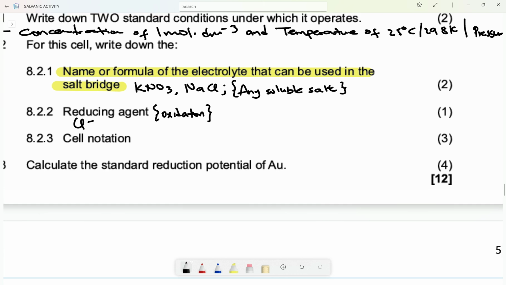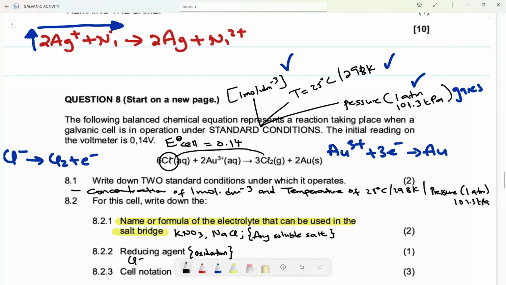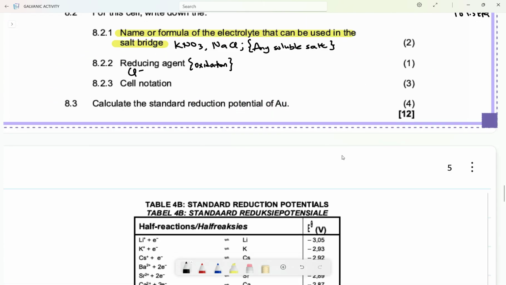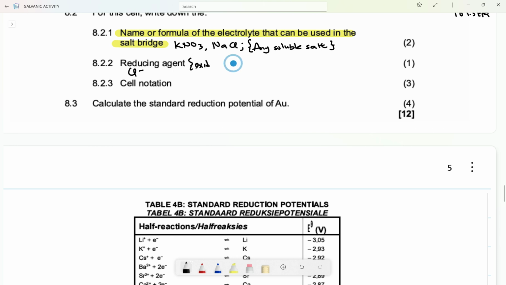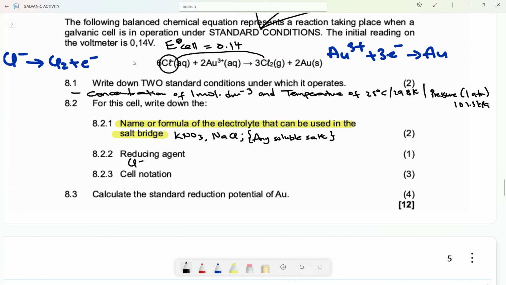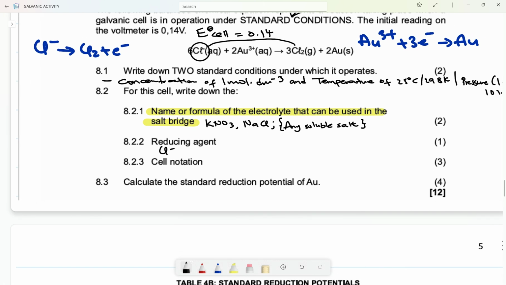So remember, a cell notation when I have a gas. I'm going to write it here. When I have a gas, the cell notation is going to look like this. Remember, we start with the anode. What is our anode in this case? Our anode is this one.